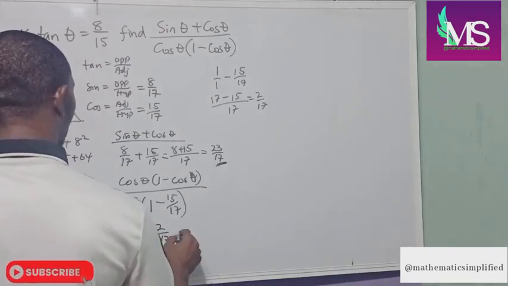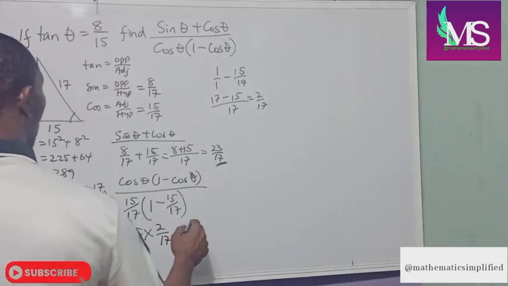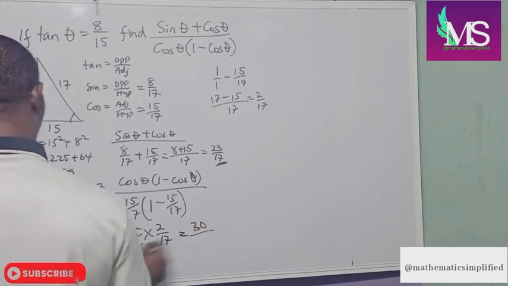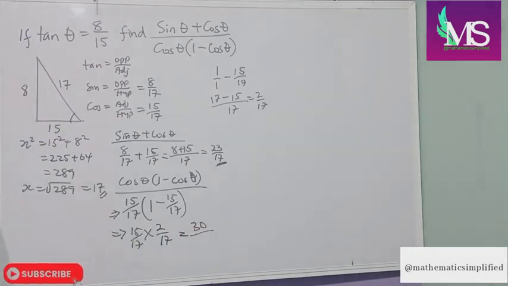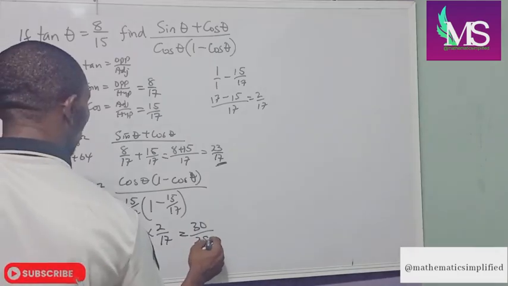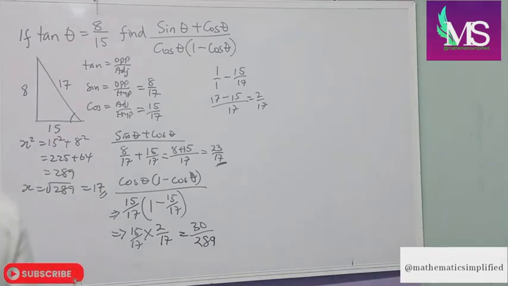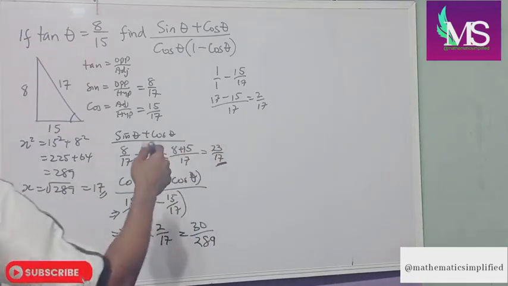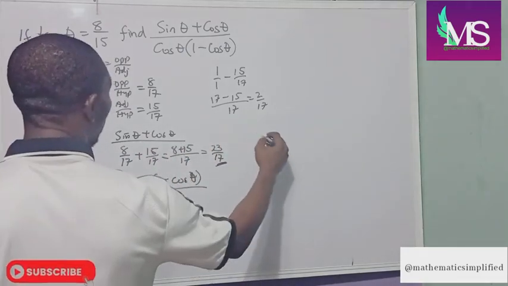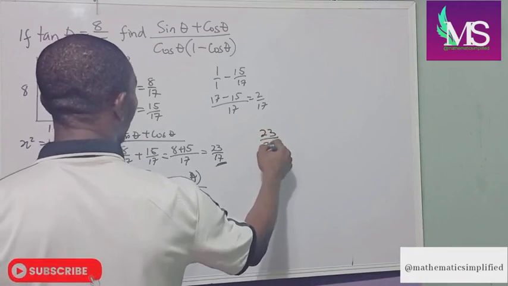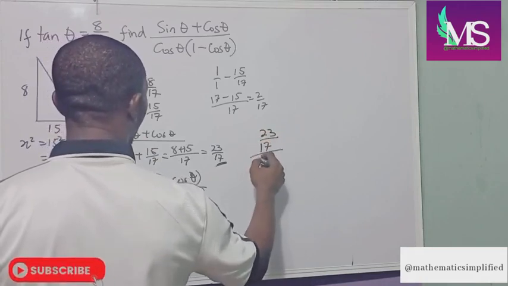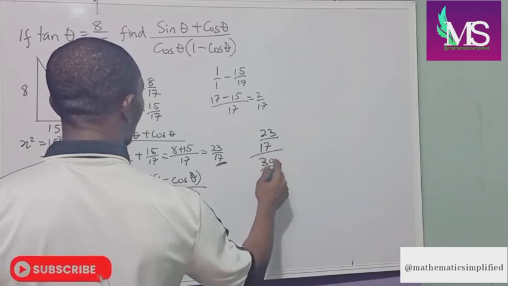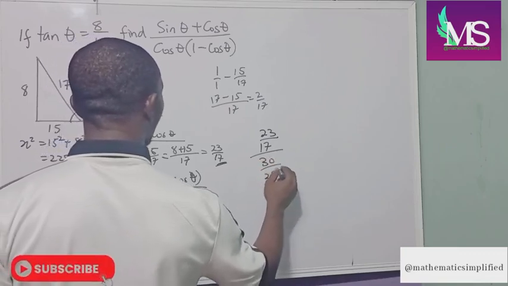So this will give us our answer to be 30 all over 17 times 17, which is 289. Now, bringing our numerator and denominator together, this will become 23 over 17 all over 30 over 289.